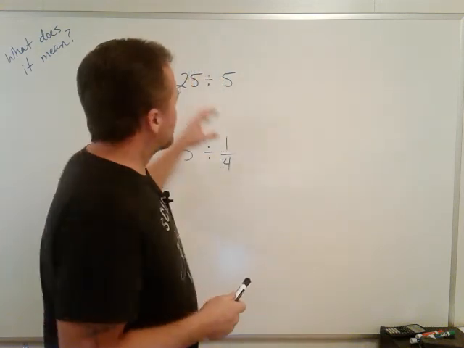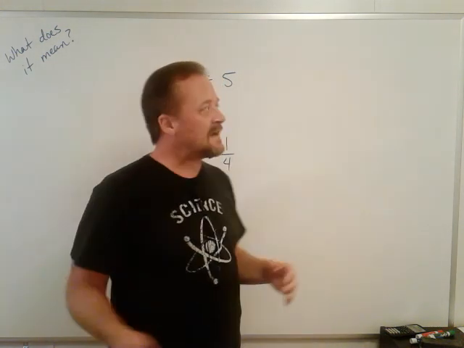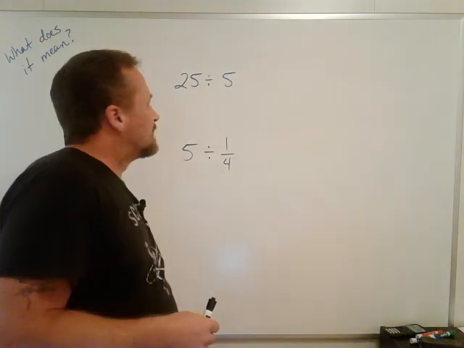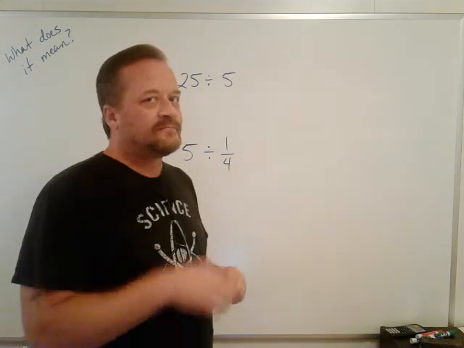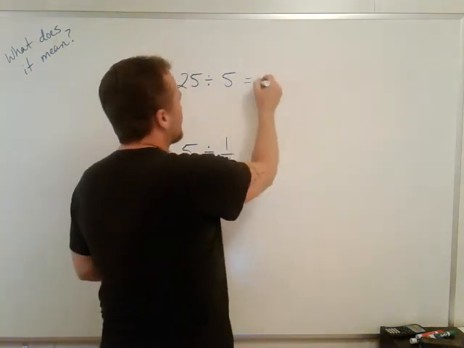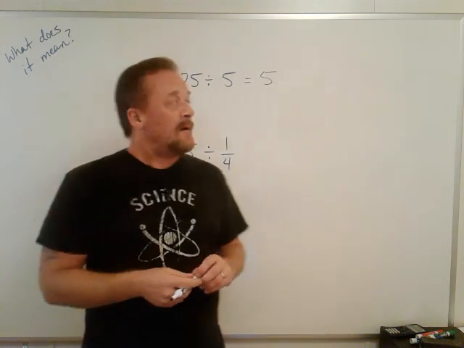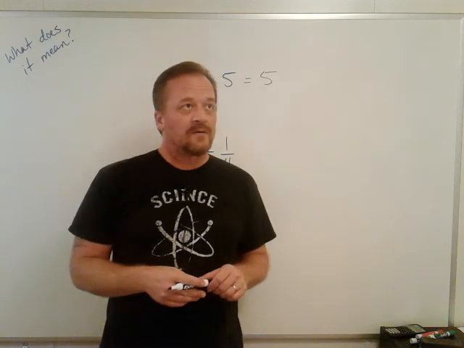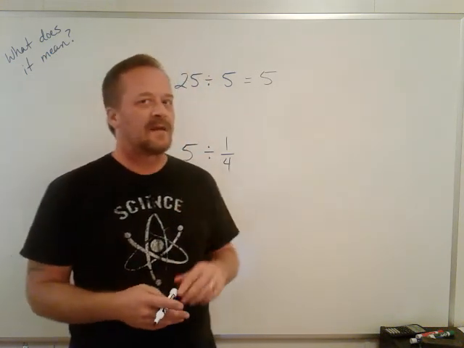So I'm going to be actually taking this original number, my whole batch of cookies, and giving each of my 5 friends the same number of cookies. Okay? And we know, hopefully conceptually, that when we do that, each one of my friends gets 5 of those. Okay? How do I know that for sure? Well, I can check that with multiplication, and we'll talk about that a little bit later.